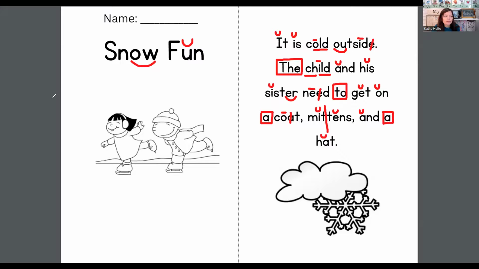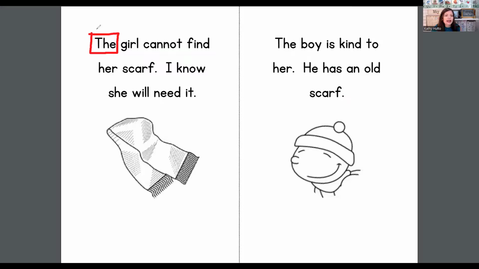Okay, let's do the next page. Sight word the, girl, cannot. There's one of those wild old words. Find, her, scarf.